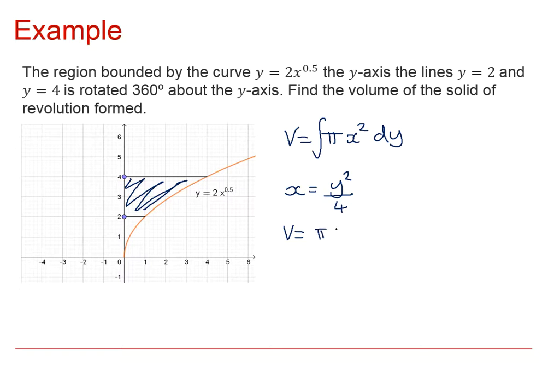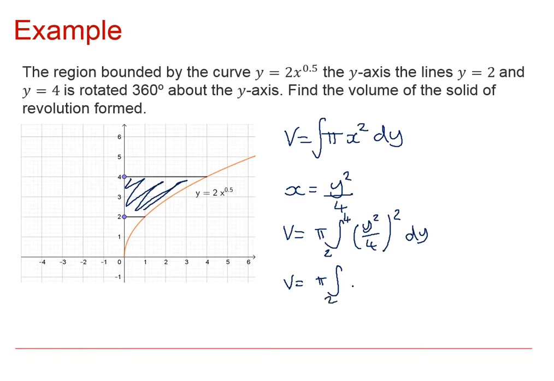So the volume is pi times the integral between 2 and 4 of y squared over 4, all squared, with respect to y.